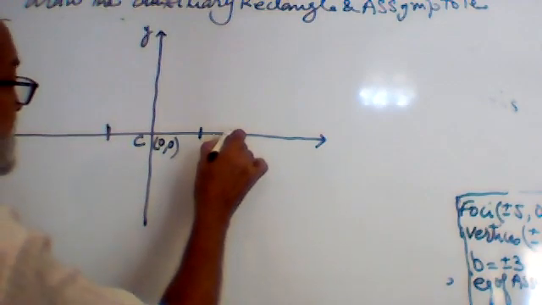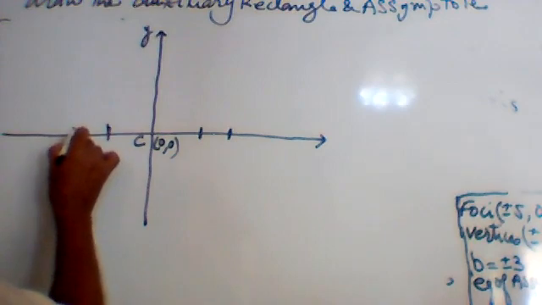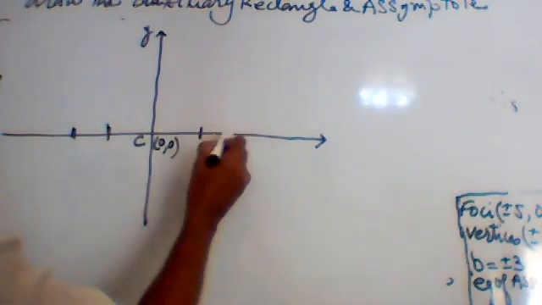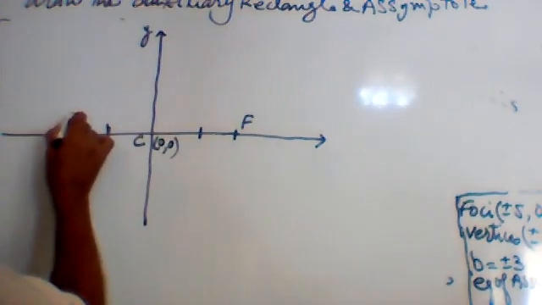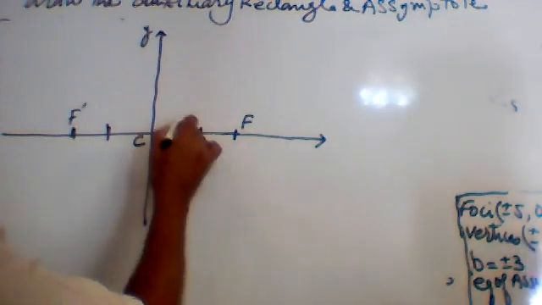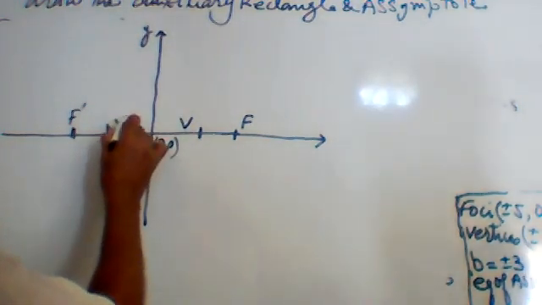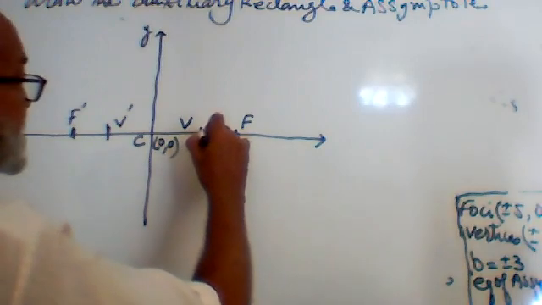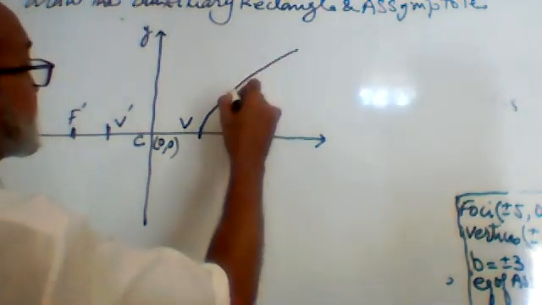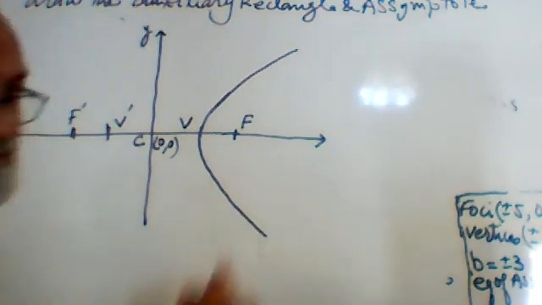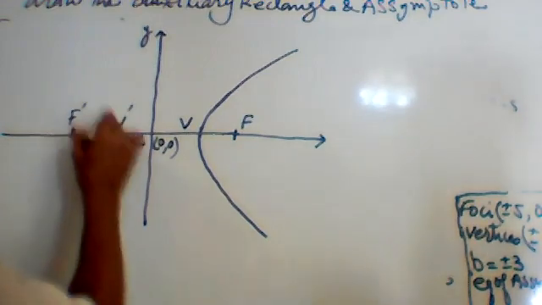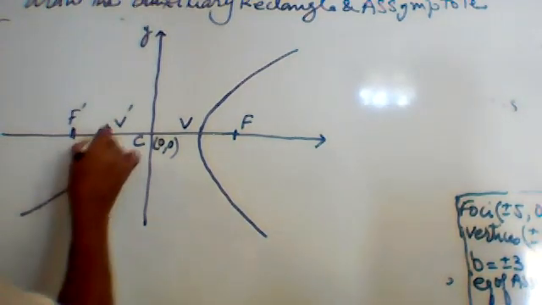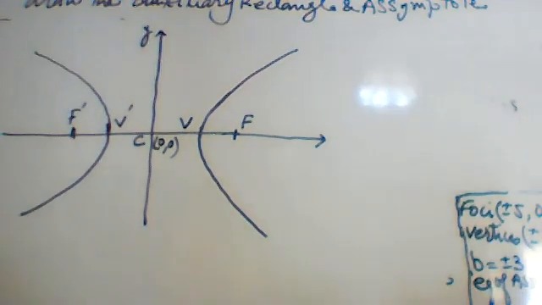This is the focus, this is the other focus. This is F, this is F dash. This is V, this is V dash. This is the hyperbola.